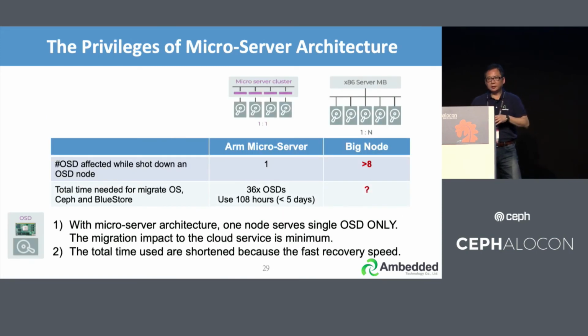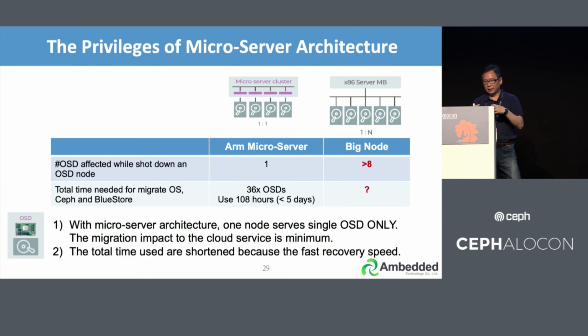So in total, we used about 108 hours to migrate those 36 OSDs. And every time, we only delete one OSD, so that reduces the impact on the service to the minimum.